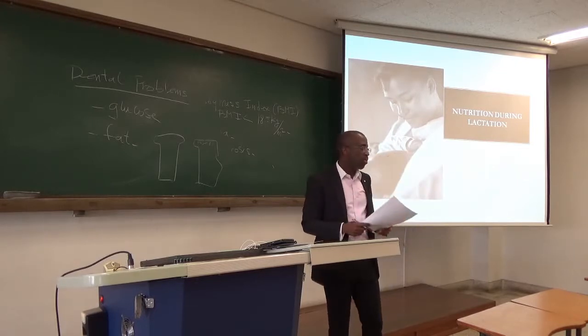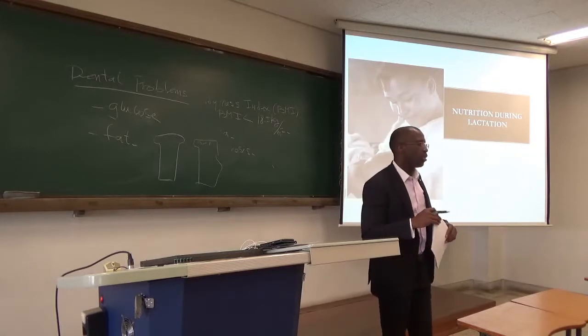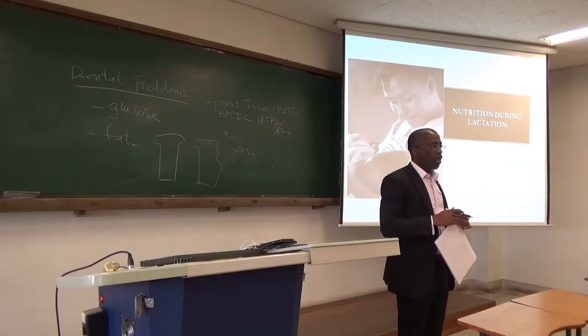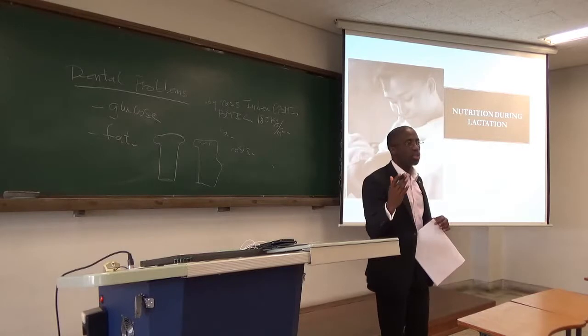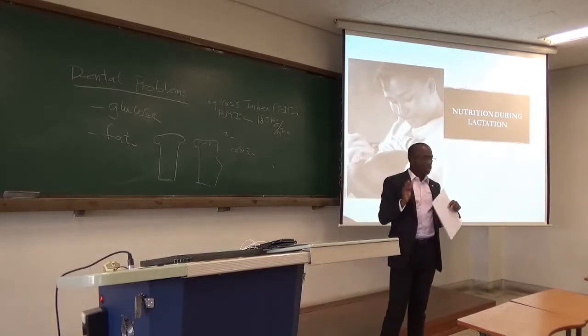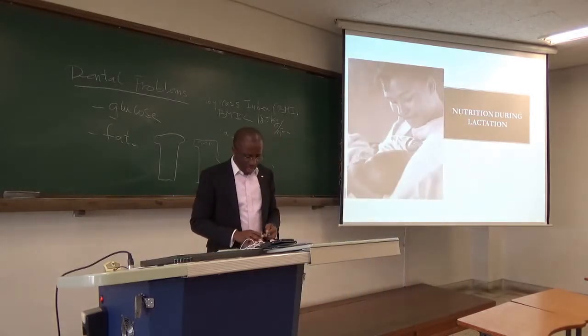Now, gestational diabetes is another form of type 2 diabetes. I'll explain a little bit in a minute. Just remember that we have a full chapter on diabetes later on, so don't worry so much about it. So I'll just show you a little bit what we have.